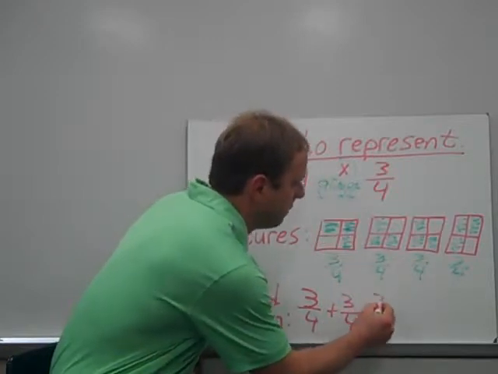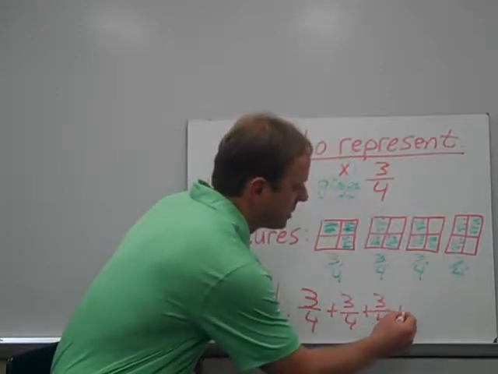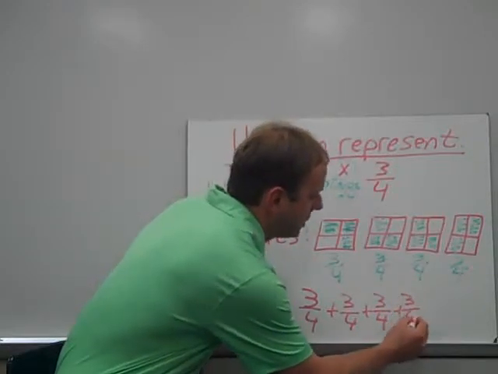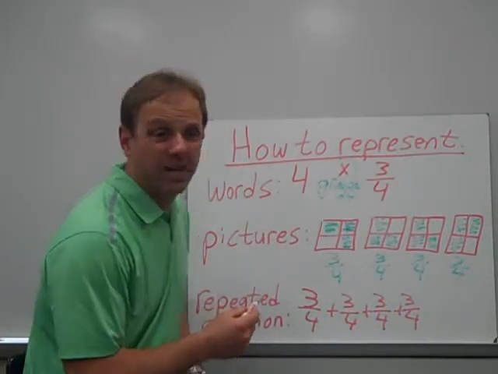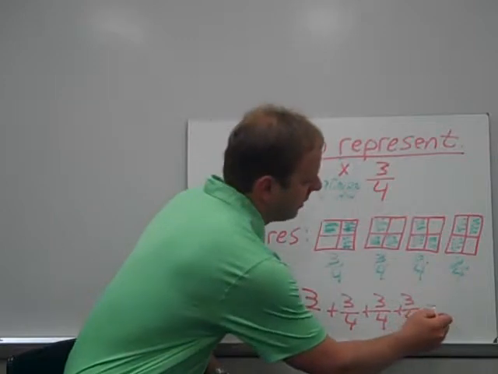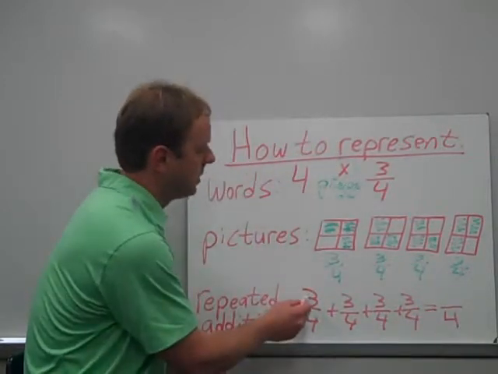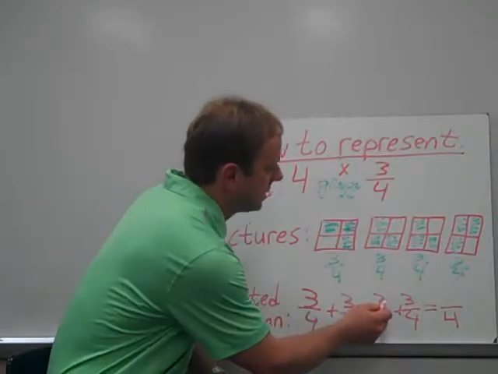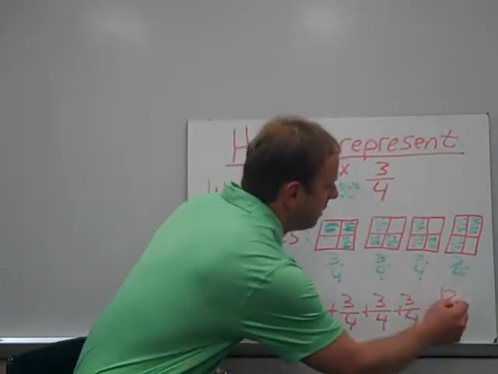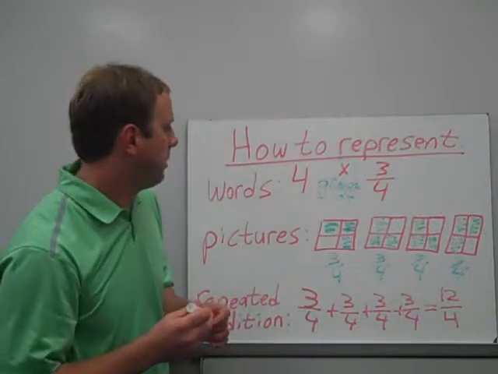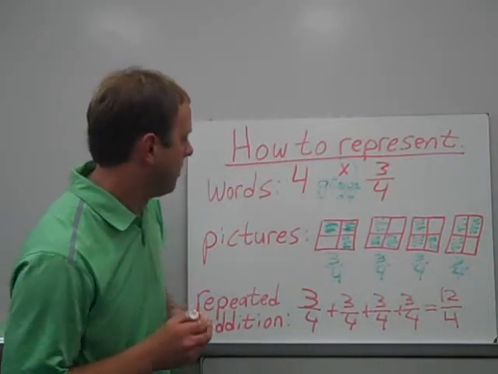Now, because we have moved through so much of our fraction curriculum at this point, I know that you all know we don't add the denominator. We simply move it over. And we do add the numerator, 3, 6, 9, 12. Okay, so it would be 12/4 either way.